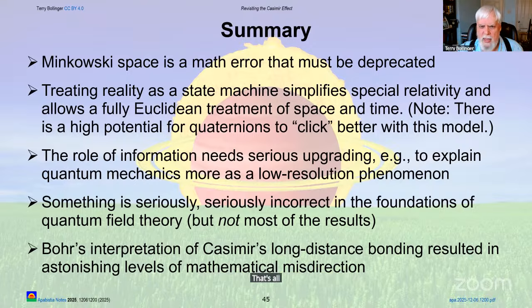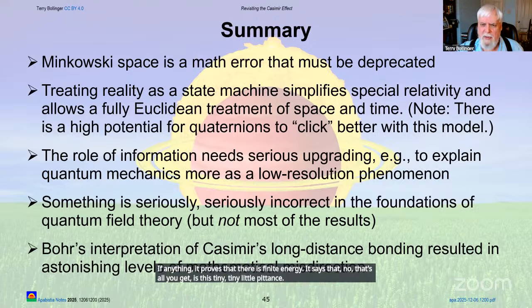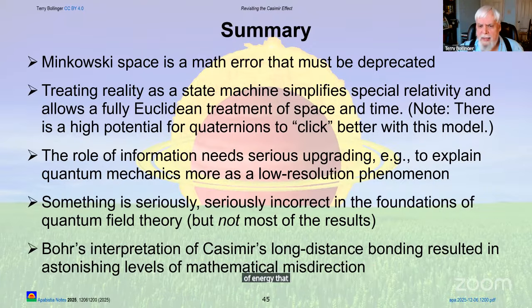It's structured in a way that looks like waves, fine, but it's just bonding energy. It's not an insight. If anything, it proves that there is finite energy. It says that's all you get. It's this tiny little pittance of energy that was stored when you broke the blocks apart. So that should not be made the foundation of decades, even a century, of mathematical analysis.